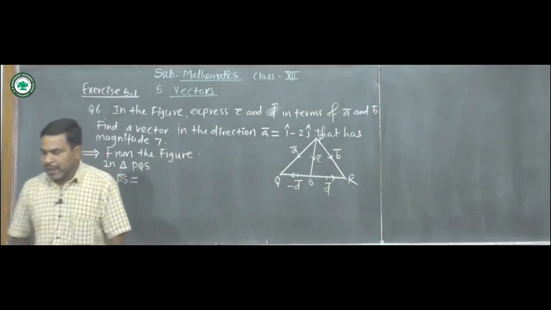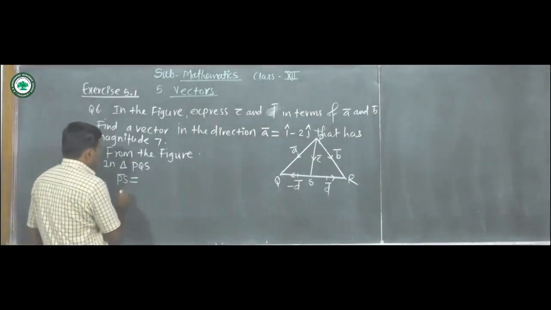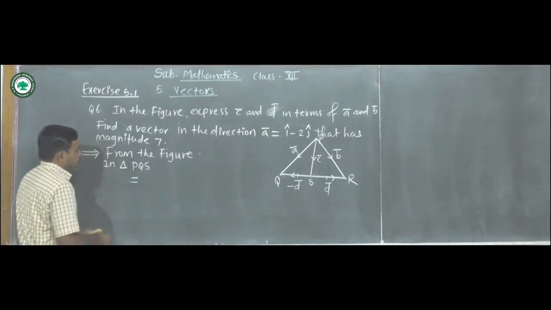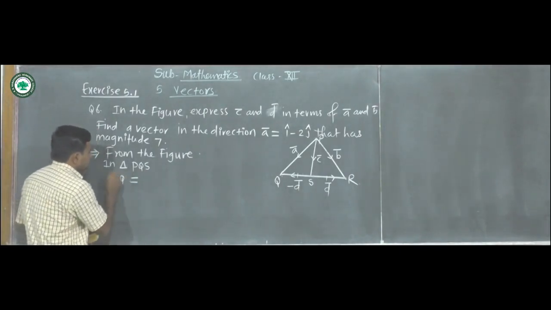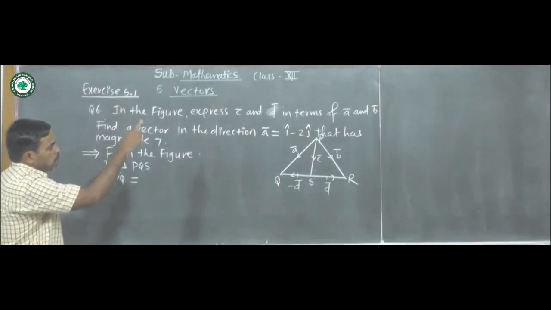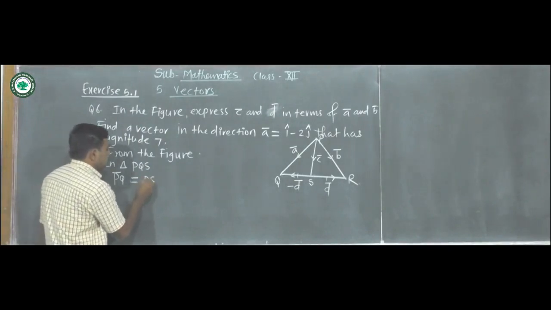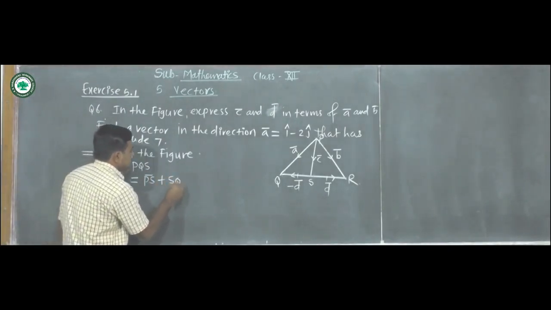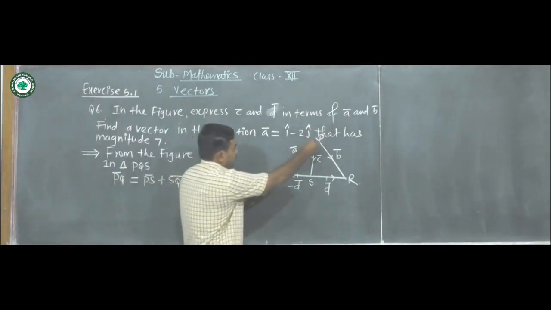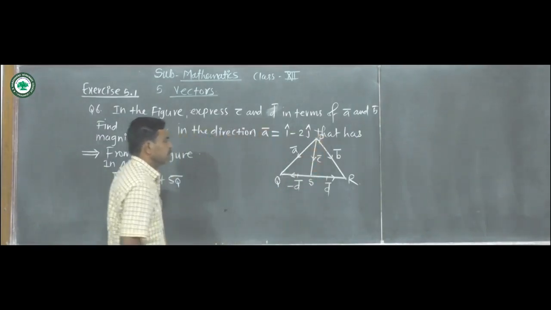So in triangle PQS, PQ bar is equal to PS bar plus SQ bar. See this PQ bar. PQ bar is PS bar plus SQ bar.